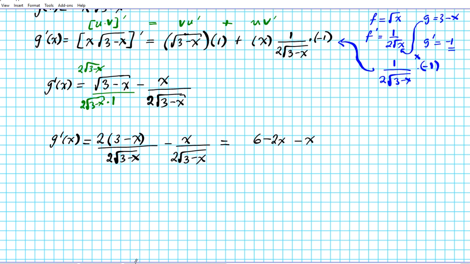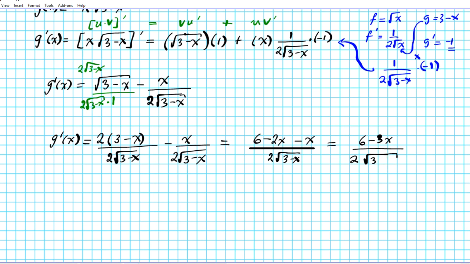Now, since the denominators are the same, we can just combine them into one fraction over 2 root 3 minus x. And then you're now going to have 6 minus 3x over 2 root 3 minus x as your derivative. So we found g prime.